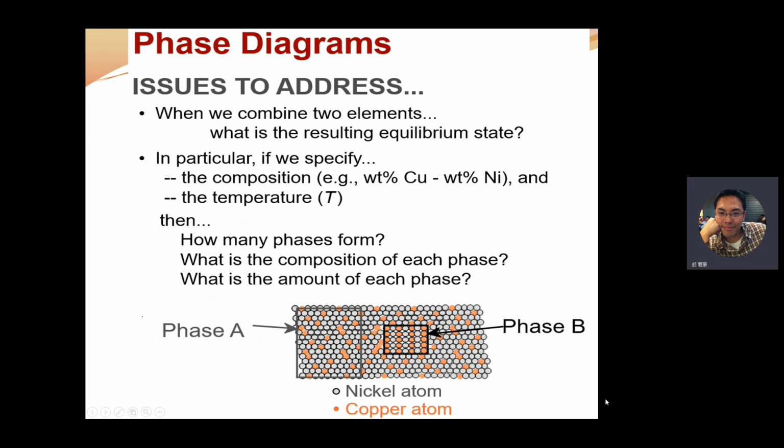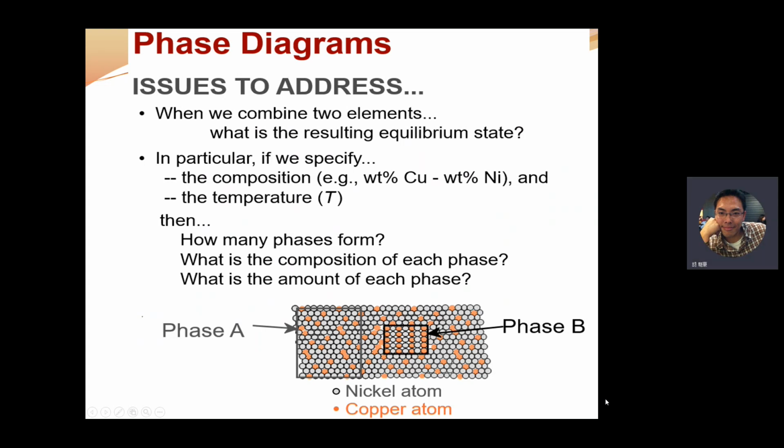Particularly, we specify the composition, like the weight percent of the matrix and the point defect, and also the temperature. If we specify the composition and temperature, then what we have to discuss is how many phases form, what the composition of each phase is, and what the amount of each phase is.